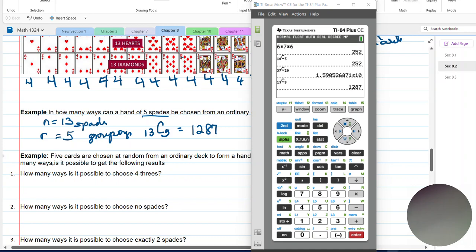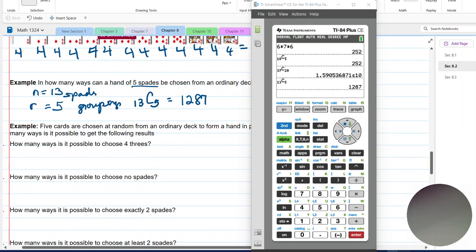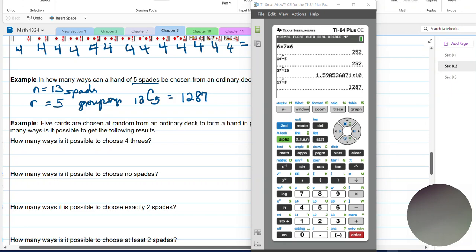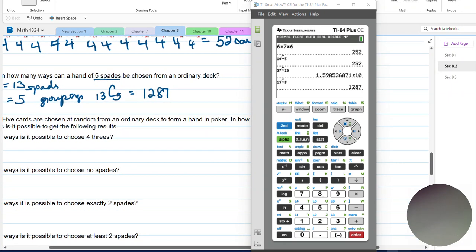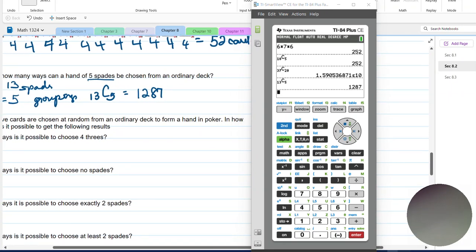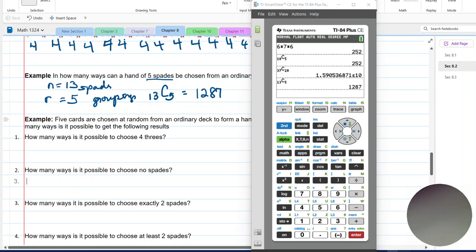All right. 5 cards are drawn at random from an ordinary deck to form a hand in poker. In how many ways is it possible to get the following results? Here we go. Let's see where we are.